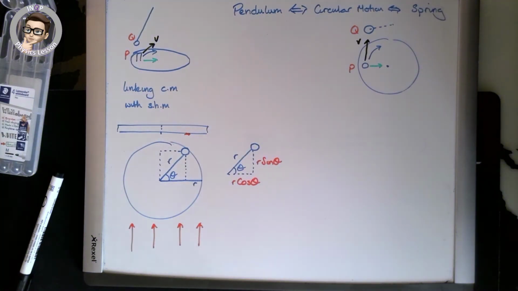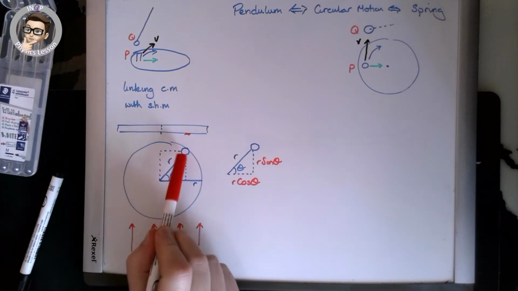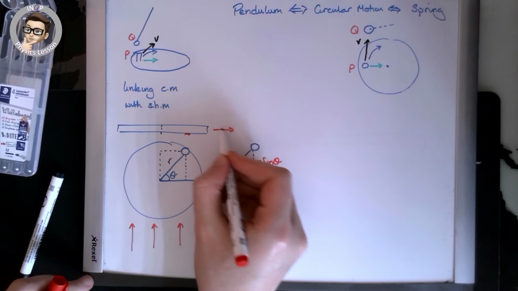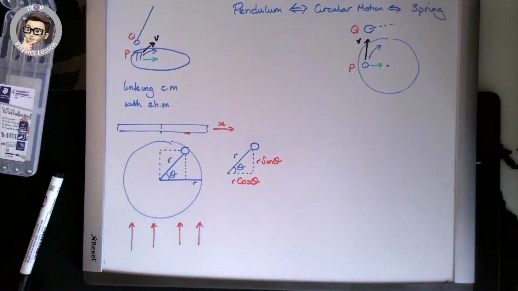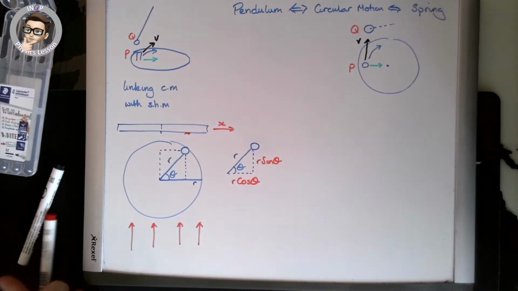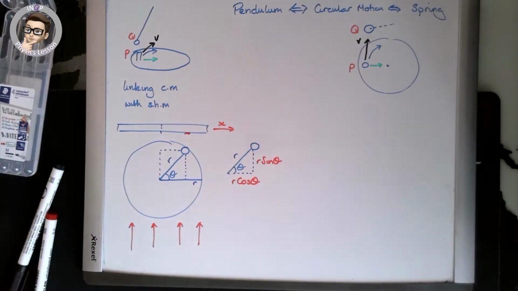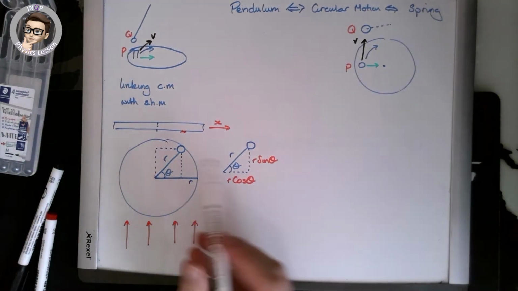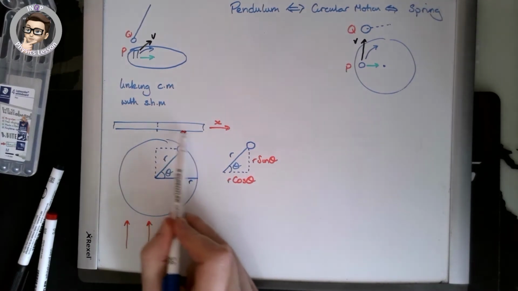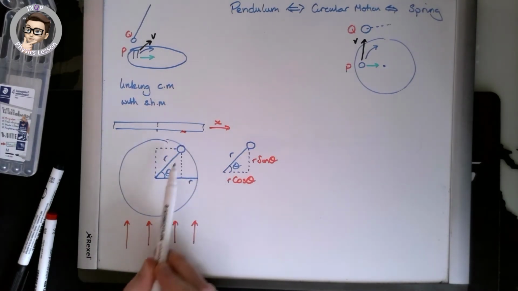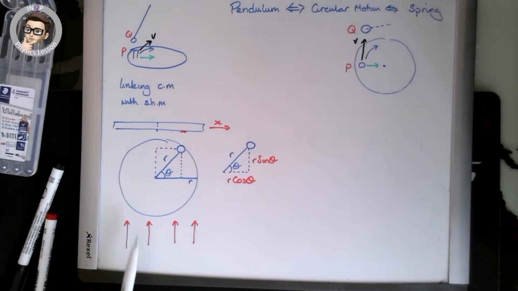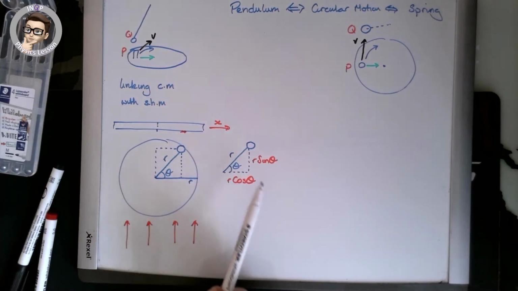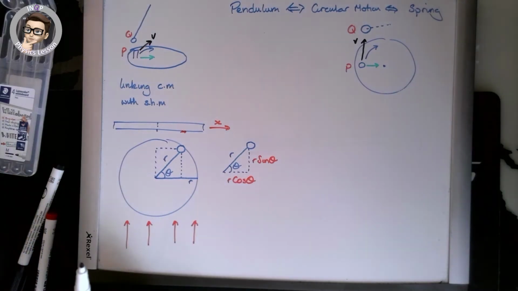So our displacement in this x direction, and we're going to classify this as the x direction. And you could do the same in the y direction, but it doesn't matter for us right now. It really doesn't, it's not going to make any difference. It kind of comes in at degree level. But in the x direction, the displacement of this shadow, as the ball is moving around the turntable with the light shining upon it, is going to be related to r cosine theta.